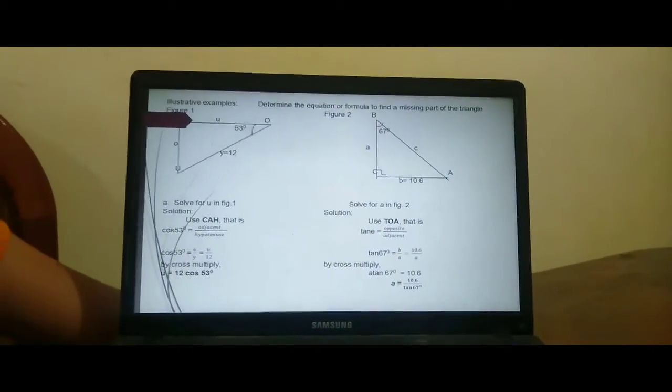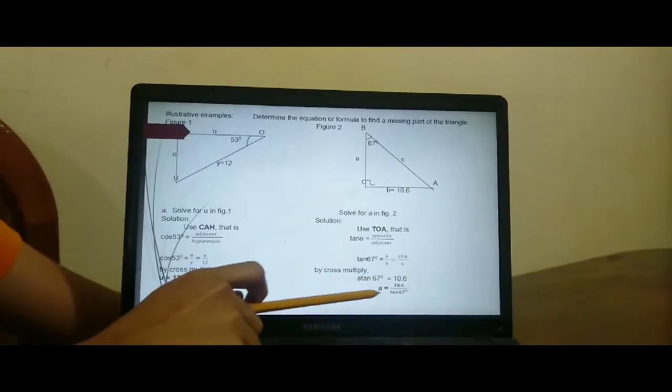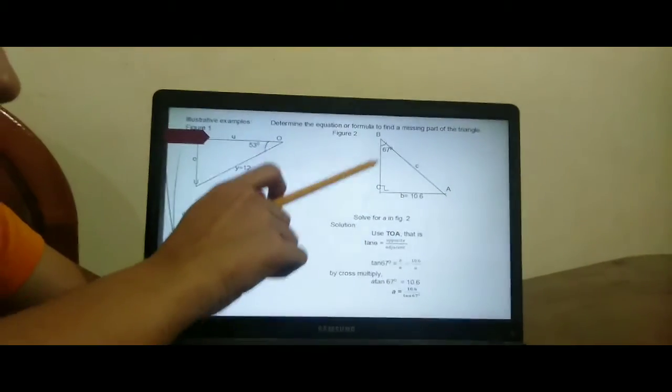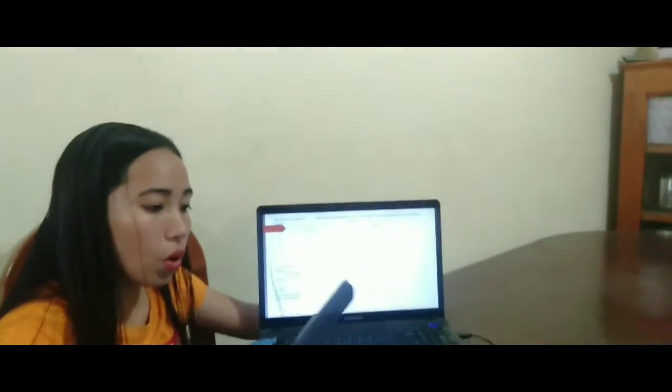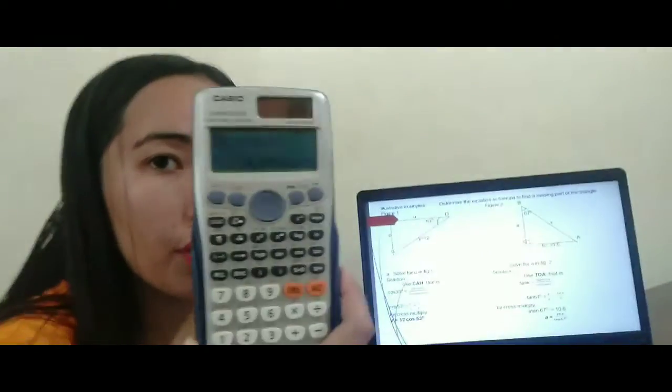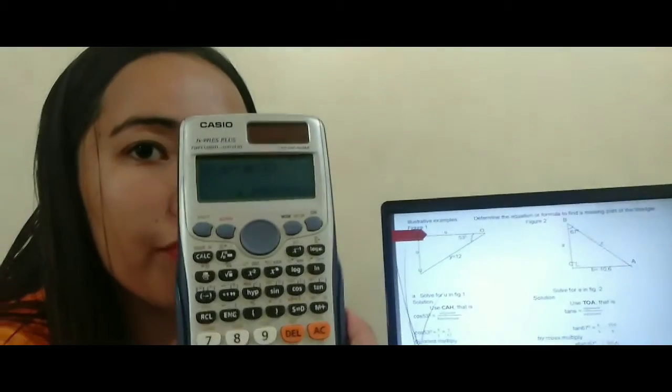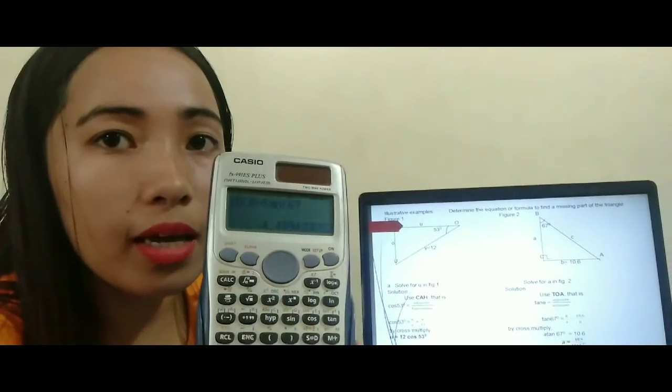So if atong pangitaon ang approximate value ni side A, makuha ni ang result sa calculator. 10.6 divide tan 67. So, ang value is 4.4 or 4.5 something. So, mao na siya ang value ni side A.